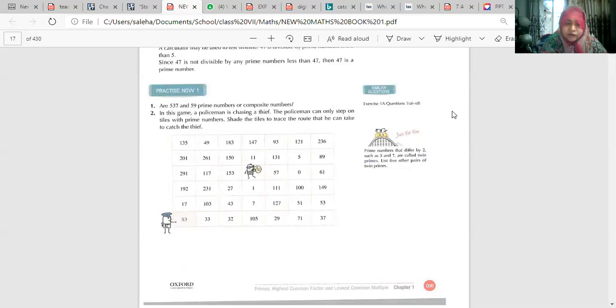For example, let's take an example of 105. Well, we have the number 105 and we have to tell whether it is prime or composite. See, it's divisible by something other than 1.